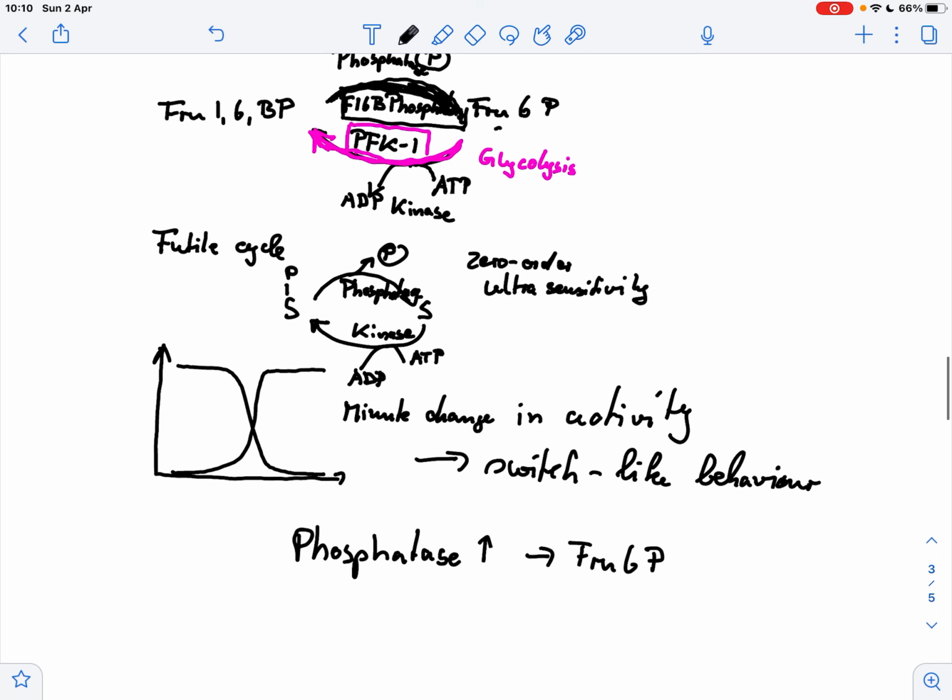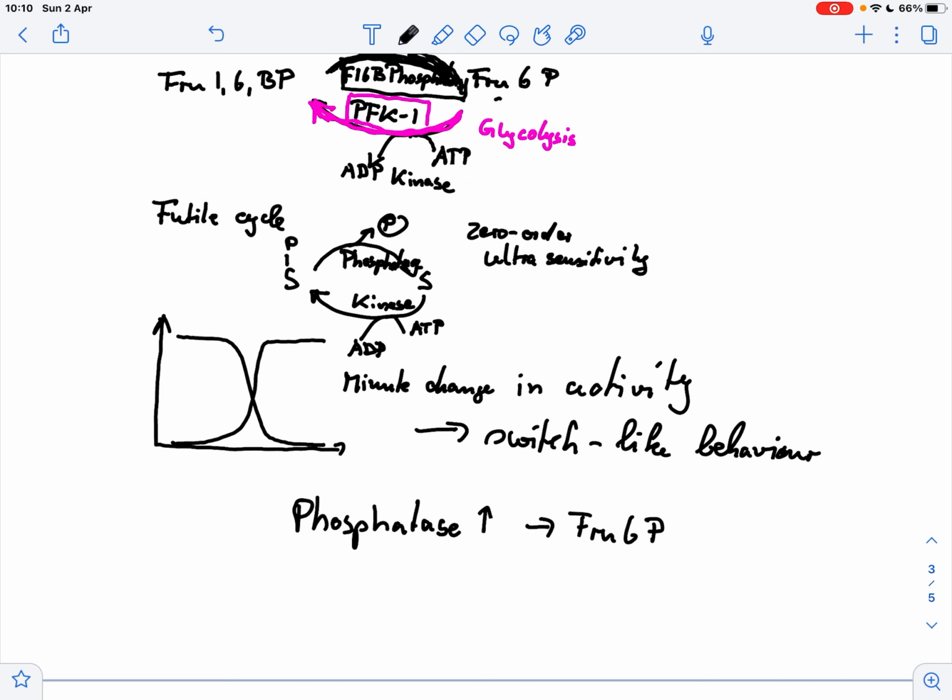However, with only a minor change in the phosphatase activity, if we go down just a little bit, everything will result in fructose 1,6-bisphosphate. So we can make a decision just by minor changes in the activities of either the kinase or the phosphatase, which pathway we go.